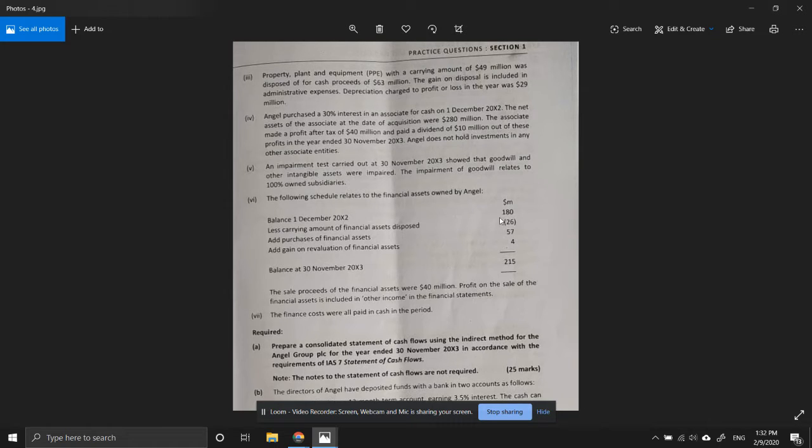Okay, at balance it was this much, carrying amount of financial assets disposed of was this much, and then gain on purchase of this was this much, and then gain was this much, right? So where will we need this figure? Why have they given it? It's because we need to compute it in case of investment, right?